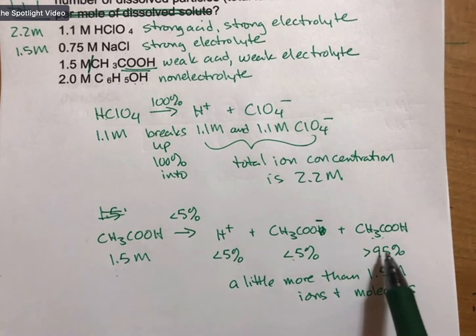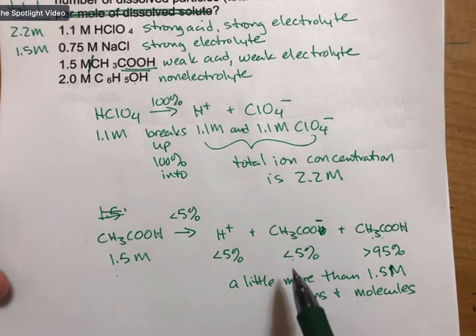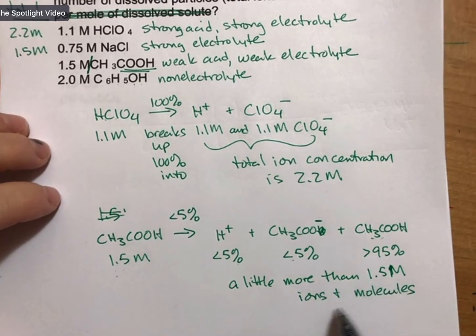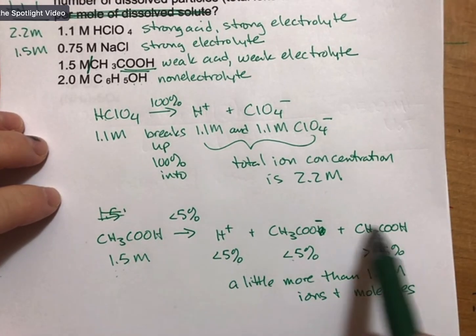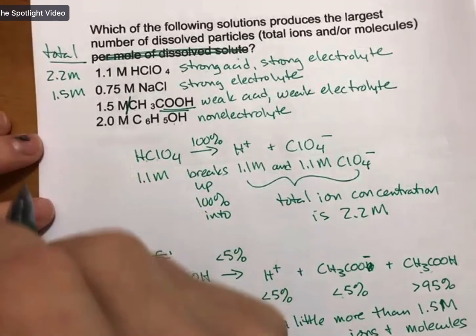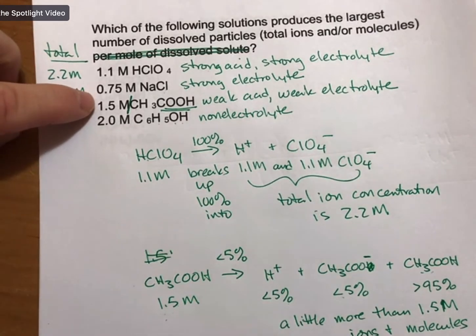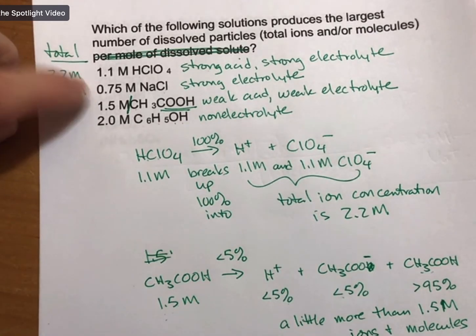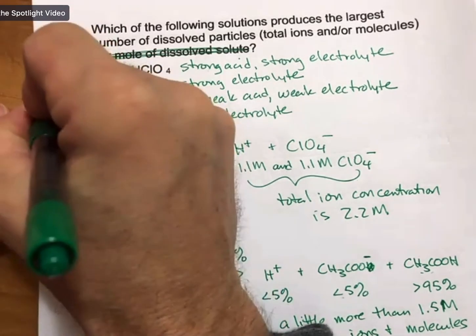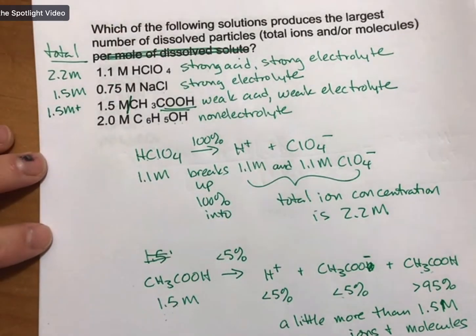So most of it's the same, but a tiny part split up into two parts, which gives us a little more than 1.5 molarity of our products. So I'm going to write 1.5 molarity plus a little more than that.